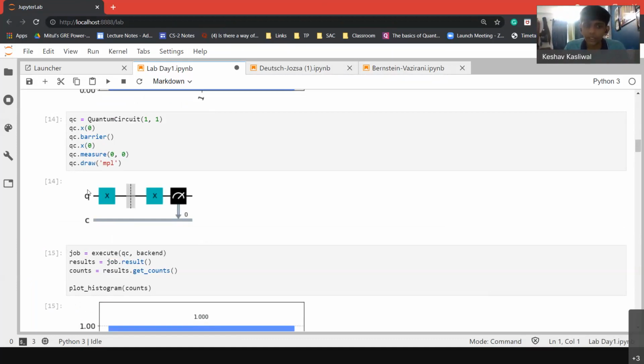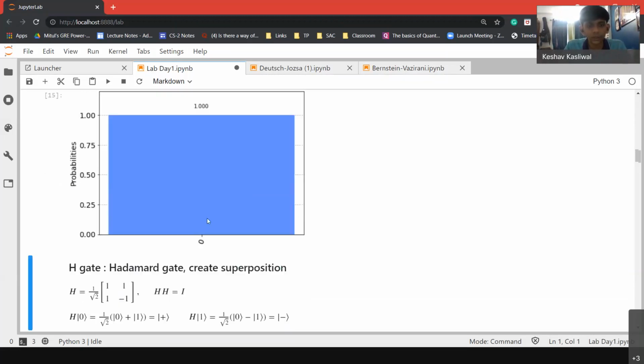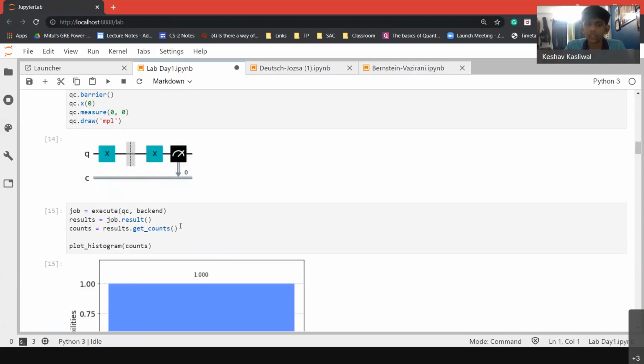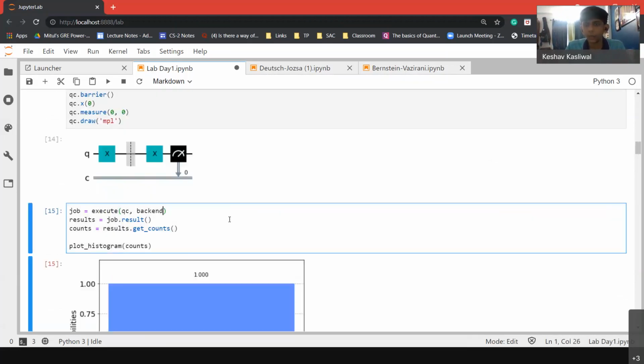Even if we apply two X gates, or in a classical system two NOT gates, the result would be the same as the input. The inputs are initialized to the zero state over here, so as you can see, the answer is 0.